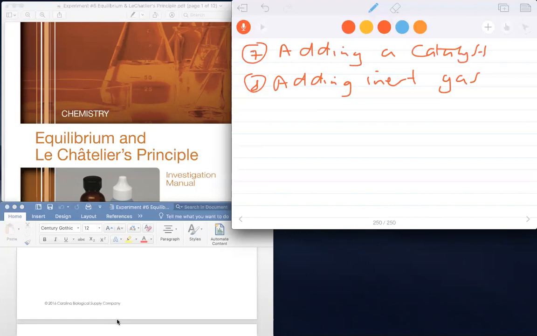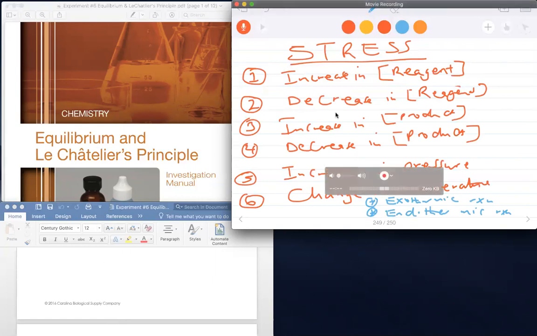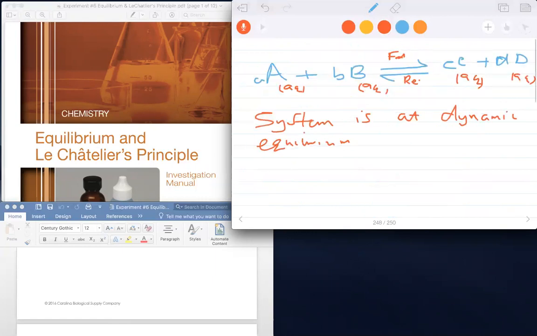So when we say a system at equilibrium is subjected to some stress, what are the possible stresses we are talking about here? These are the stresses you should pay attention to. Now, if a system at equilibrium, such as this one, let me use this for the sake of explaining the stresses I talked about.